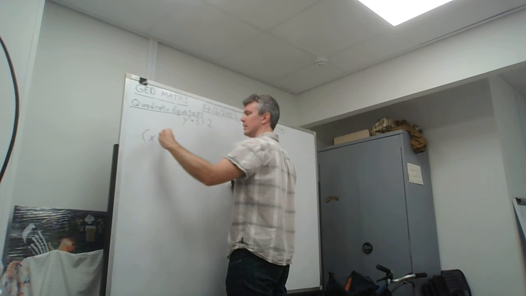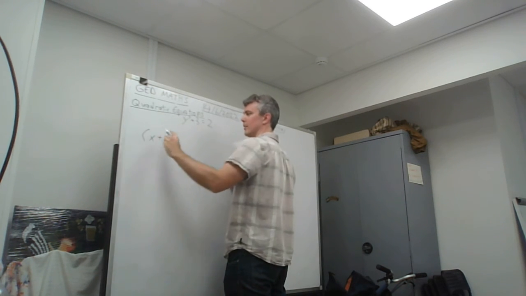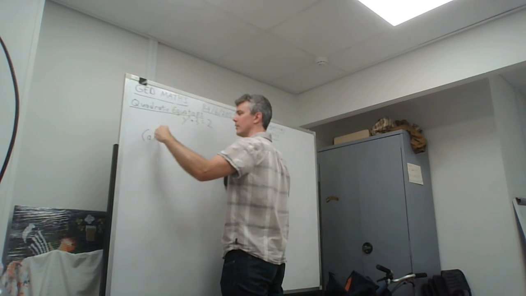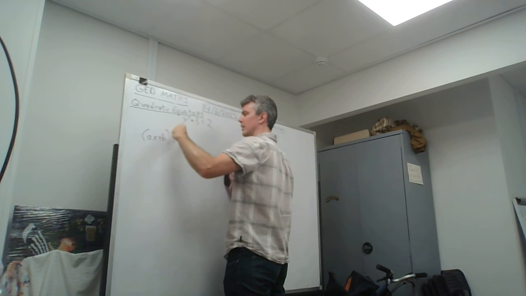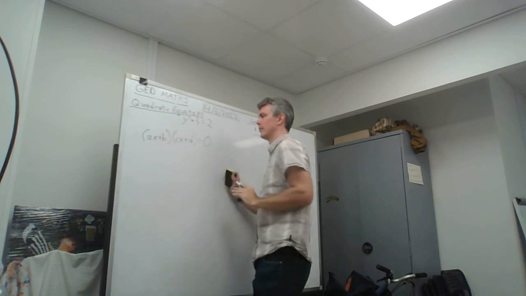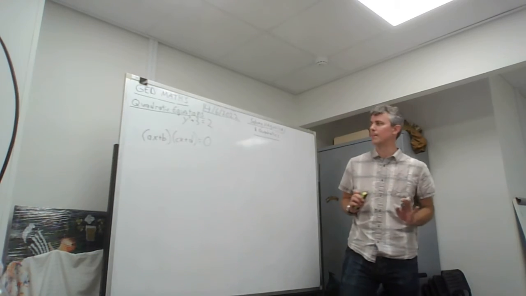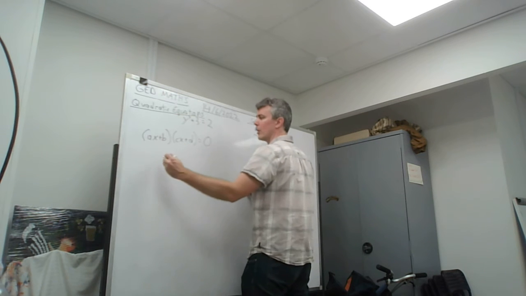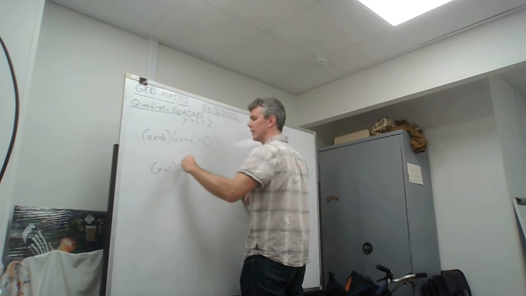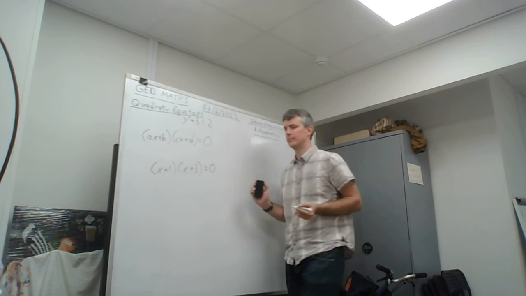Actually, the quadratic equation has ax plus b times cx plus d equals 0. That's your standard way of writing a quadratic equation. Okay? Commonly, it's something like this. X plus 1 times x plus 3 equals 0.